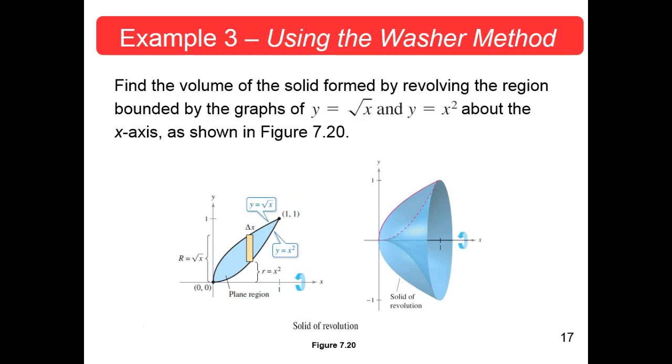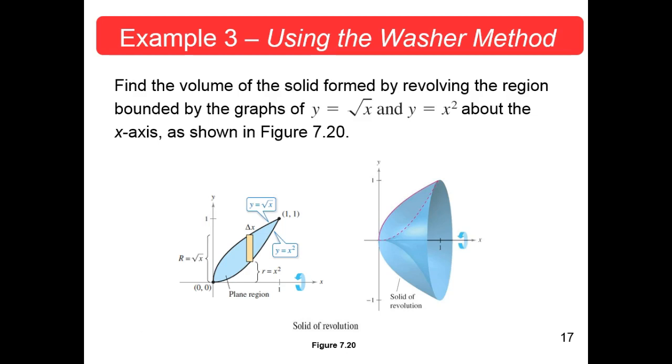And they obviously have points of intersection in common, 0, 0, because square root of 0 is 0, and 0 squared is 0, and 1, 1, because the square root of 1 is 1, and 1 squared is 1. So those are the points of intersection. Anything past 1, they're reversed, but in between here, the square root function is larger.